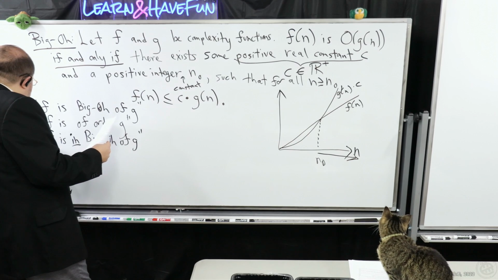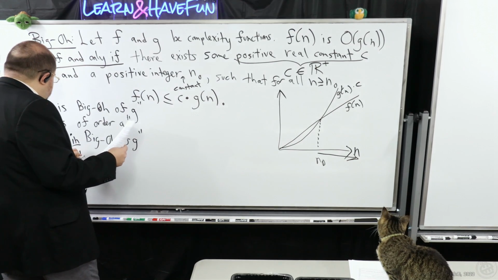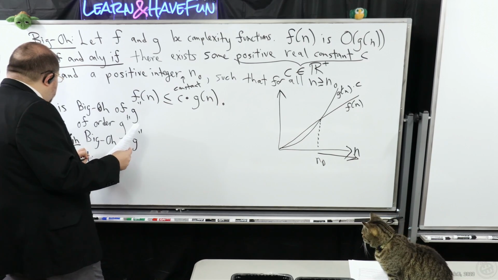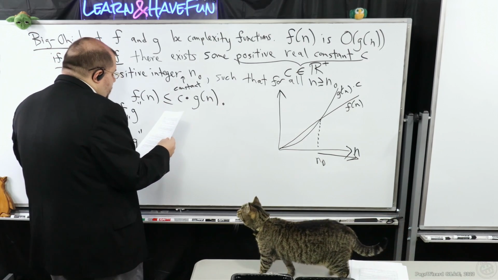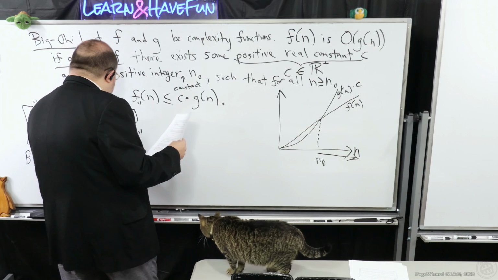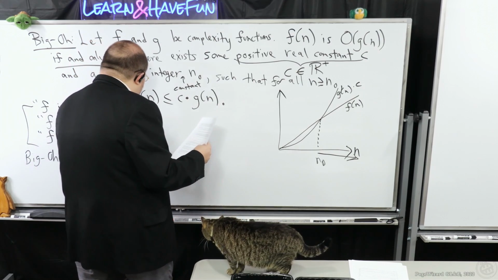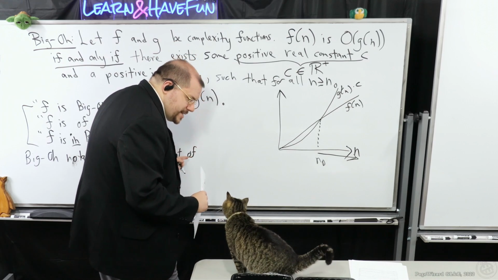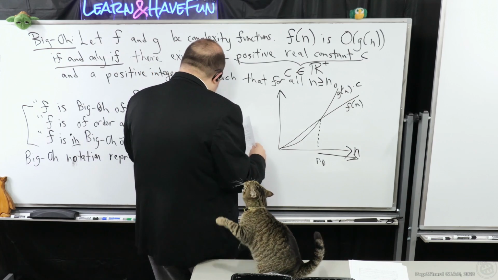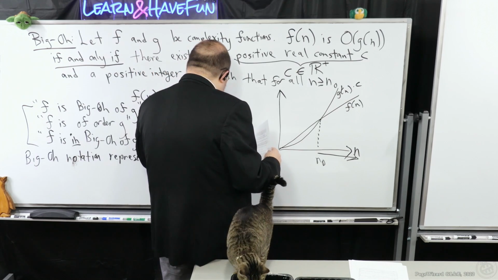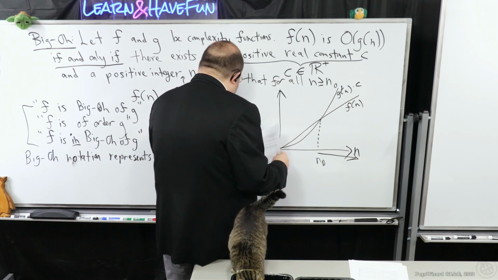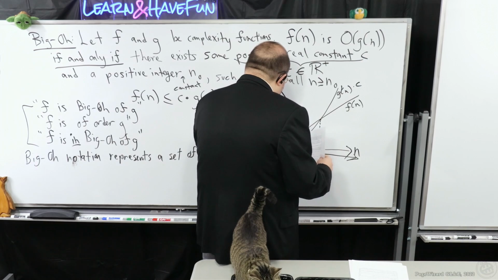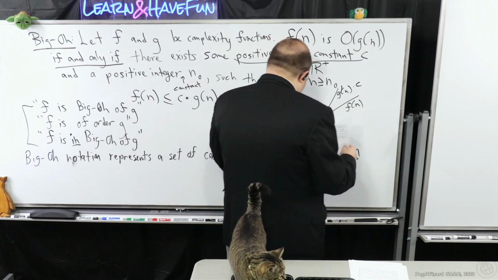So big O notation represents a set of complexity functions.